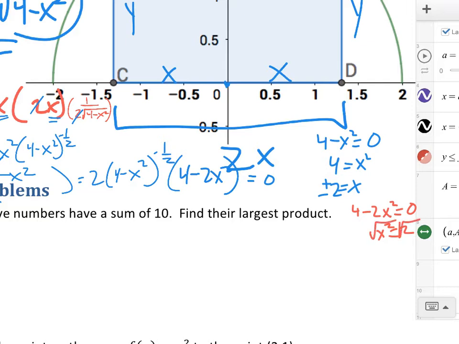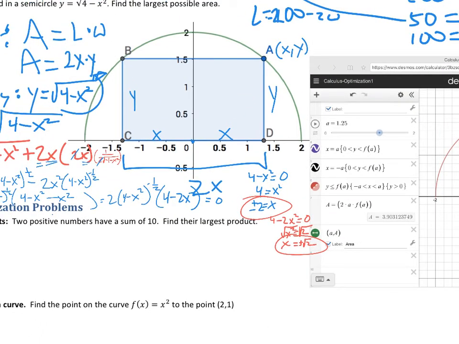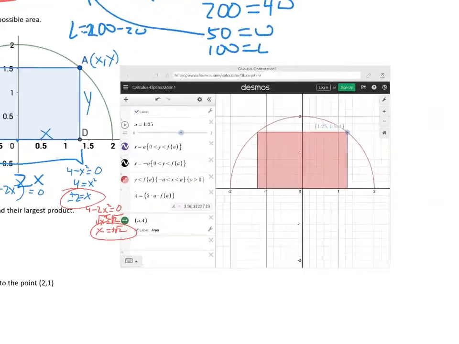Now square root, we get x equals plus or minus the square root of 2. Now, what's going on here? Well, if x is 2 or negative 2, then that point is coming all the way down here. And that's going to be a really flat rectangle there. Okay?